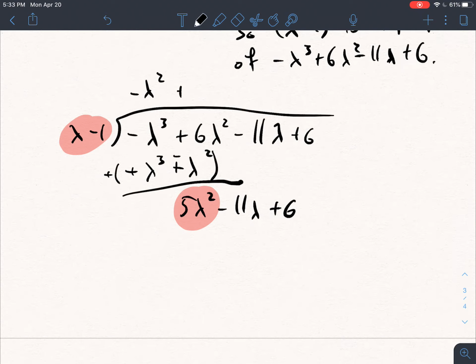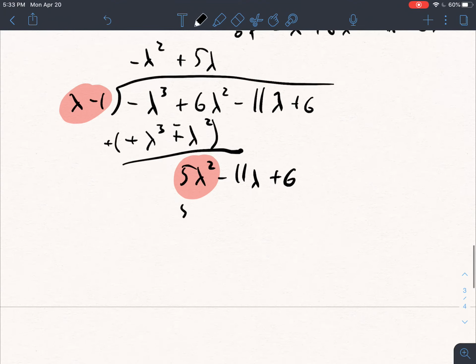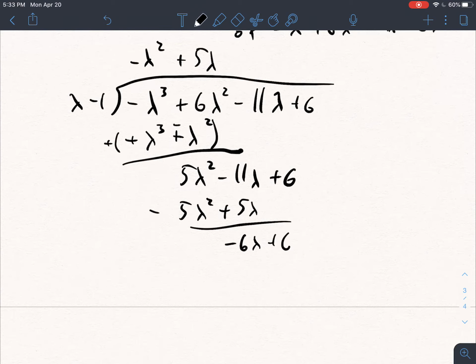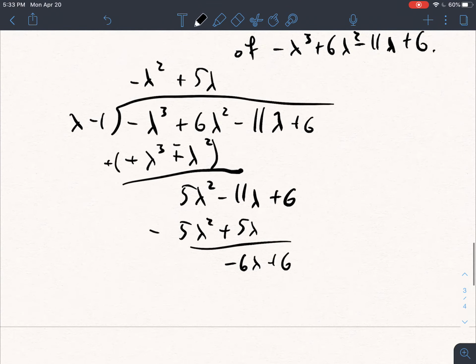Okay, now how many times does lambda go into 5 lambda squared? Well, it goes in 5 lambda times. So 5 lambda times lambda is 5 lambda squared. And then 5 lambda times negative 1 is negative 5 lambda. And I subtract all that. And what do I get?